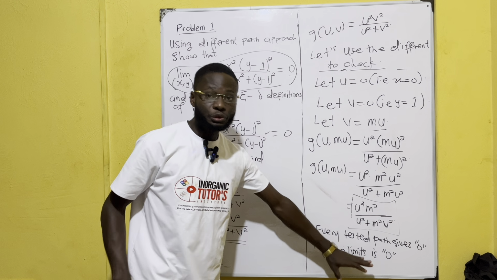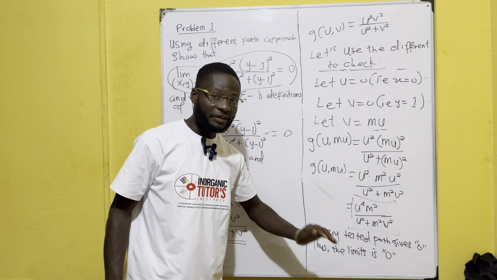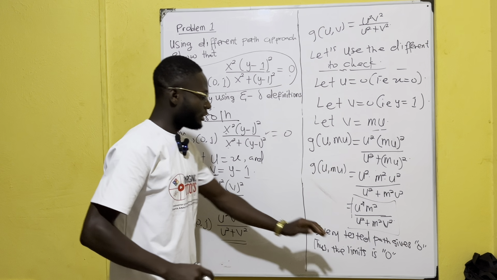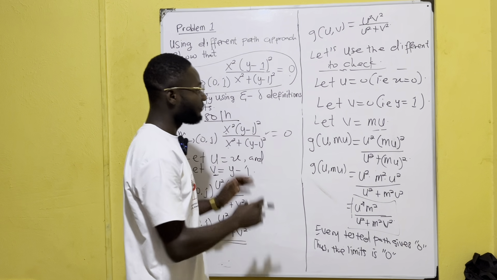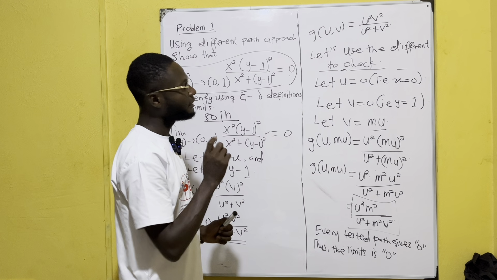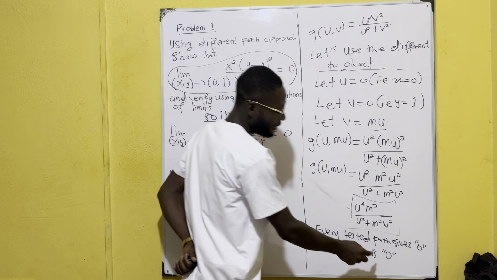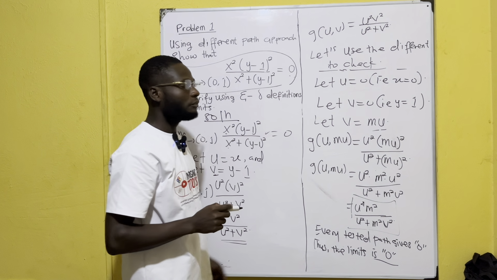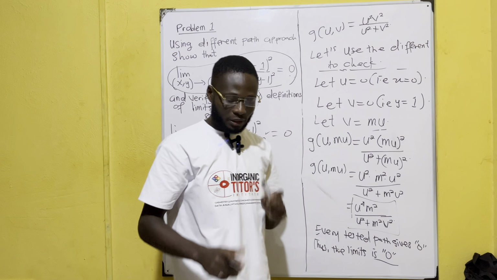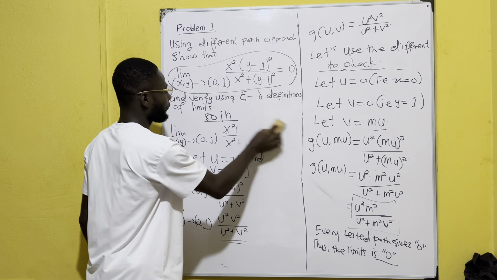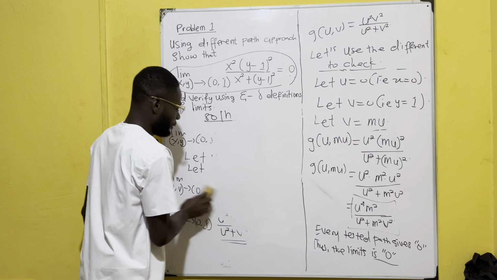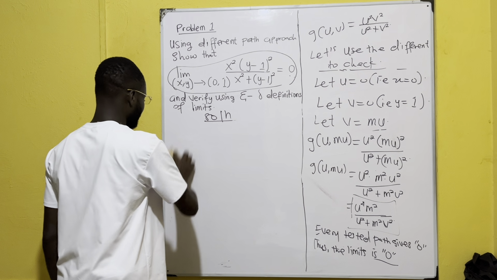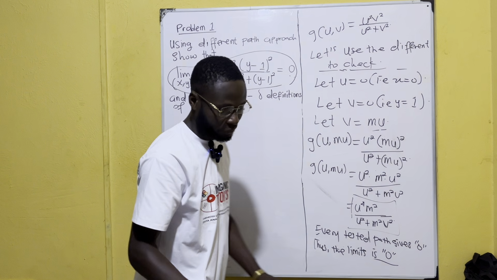We have used the different part approach to tell the limit to be 0, as given here. So now let's come back and use the identity approach.